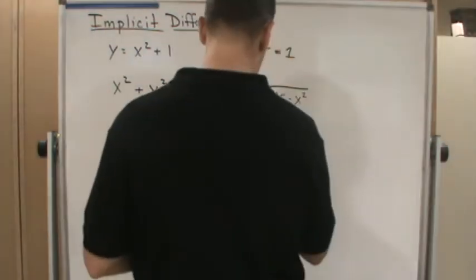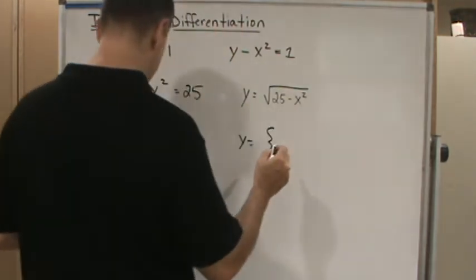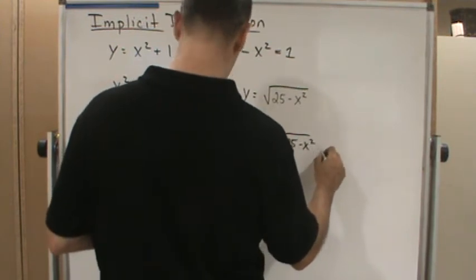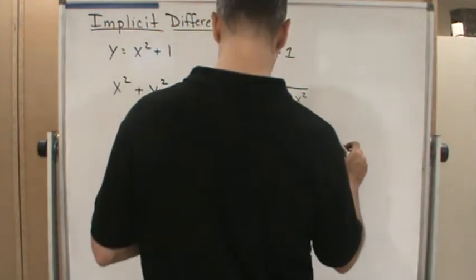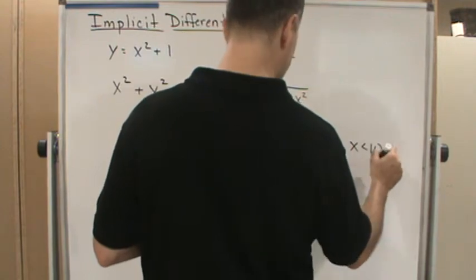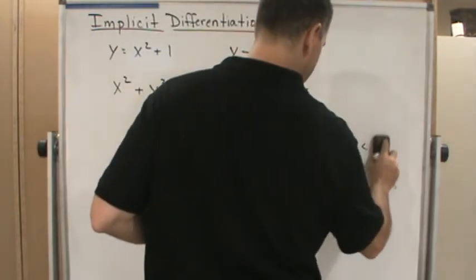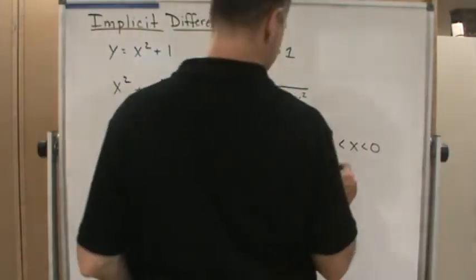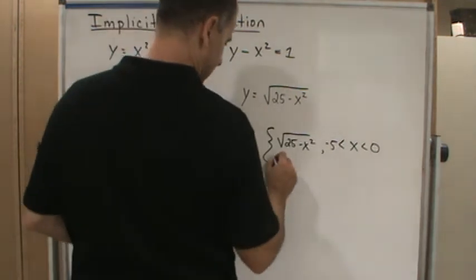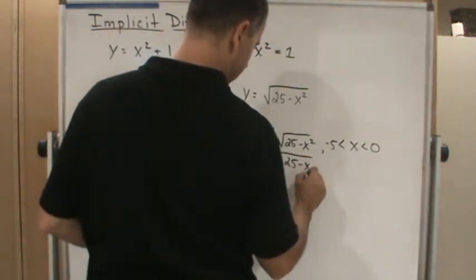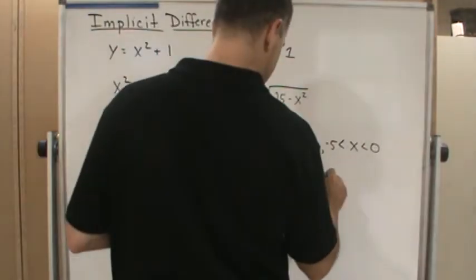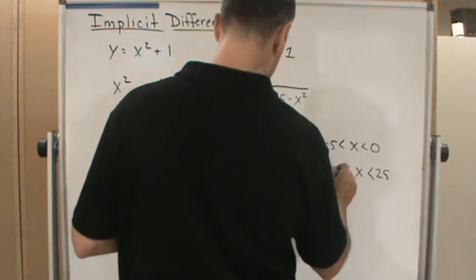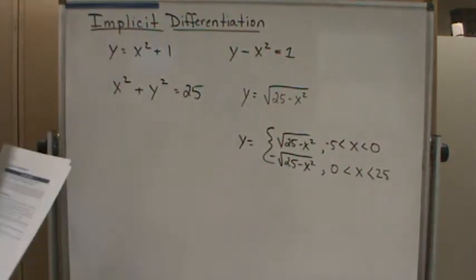Or we could do a piecewise function. We could say y equals the square root of 25 minus x squared for x less than 5 and greater than 0, and negative the square root of 25 minus x squared for x less than 0 and greater than negative 5.